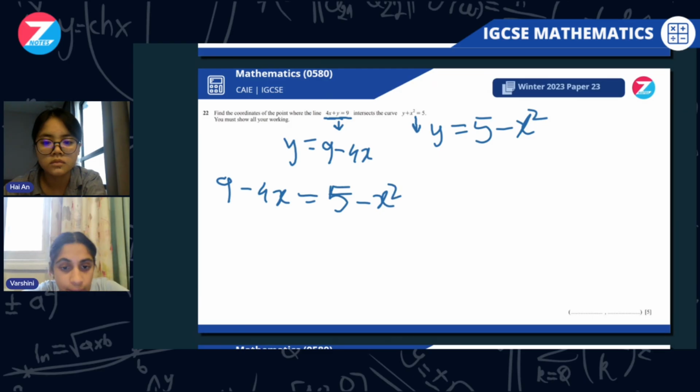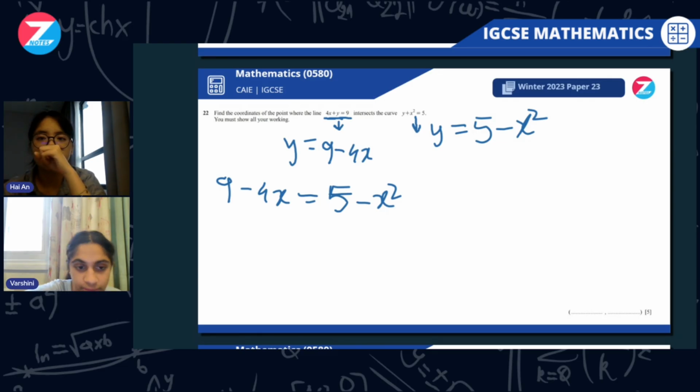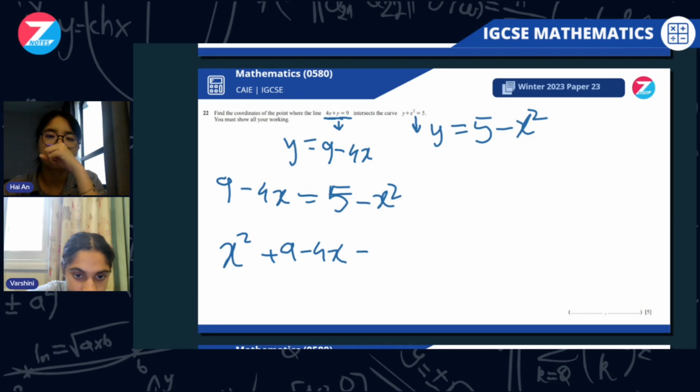Now let's put everything on one side of the equation. We'll move everything to the left side. First we move x squared. Since it's negative, it becomes positive on the other side, so x squared plus 9 minus 4x. We also move 5 to the other side and make it negative: minus 5 equals 0.